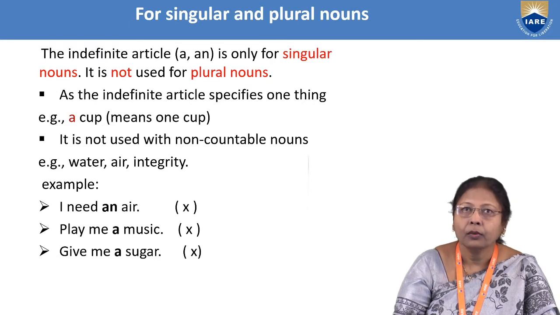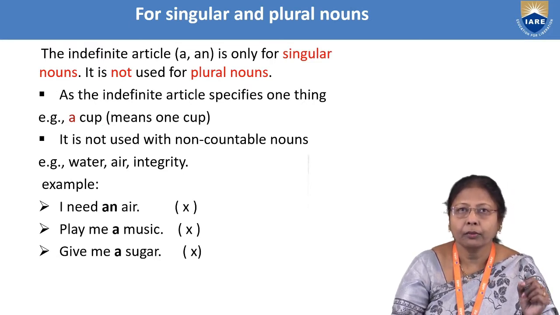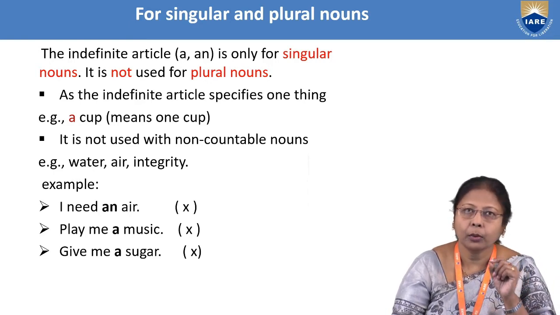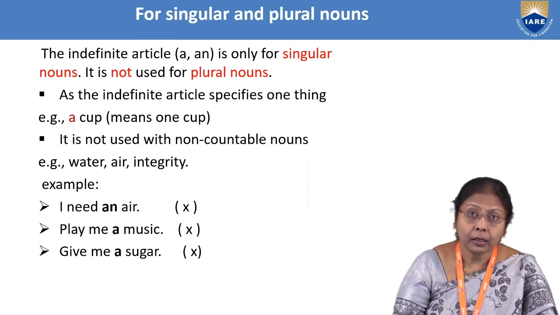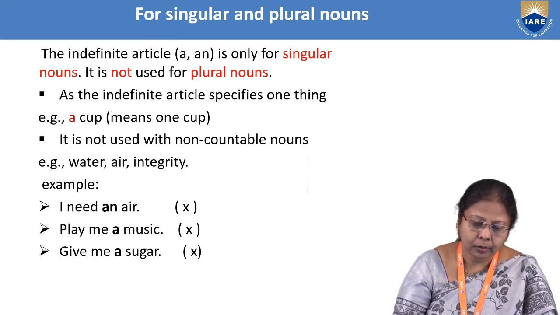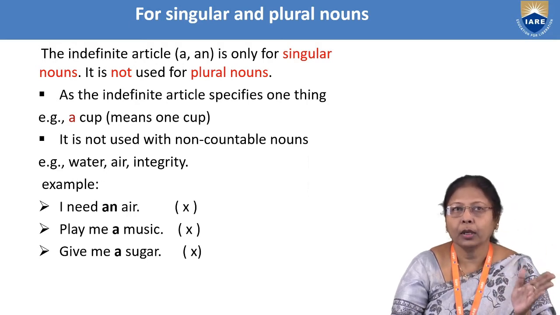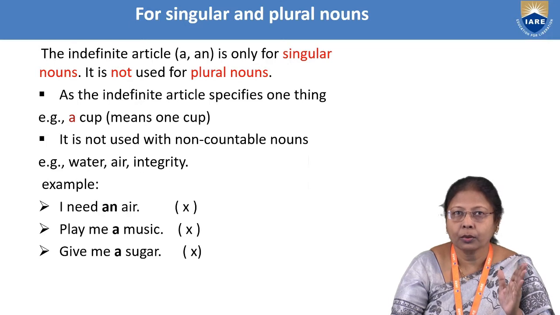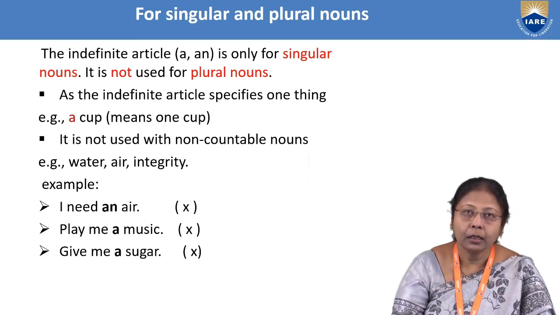And then for singular and plural nouns, where we have to use a and an. Usually, the indefinite articles a and an are used only for singular nouns, not for plural nouns. Singular nouns only we have to go with. Here, see, as an example, a cup.